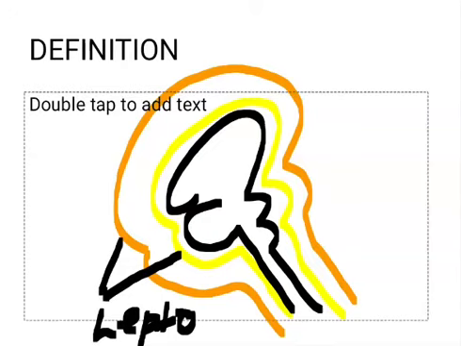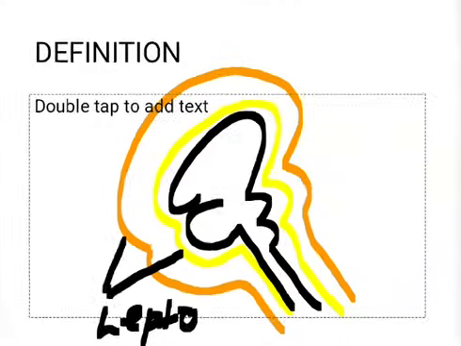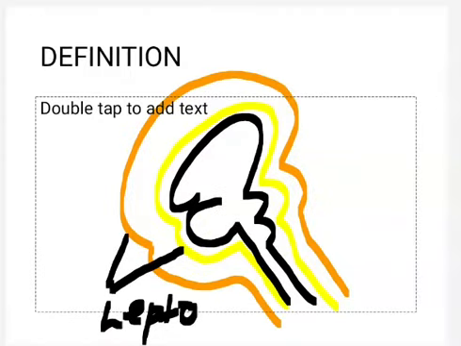So here are the two layers, innermost pia mater and the middle layer arachnoid mater. These two layers together are known as leptomeninges. So the infection of the meninges is mainly the infection of the leptomeninges.